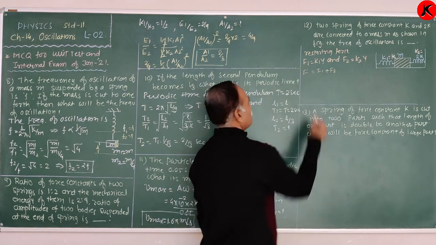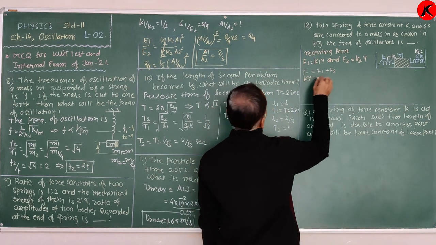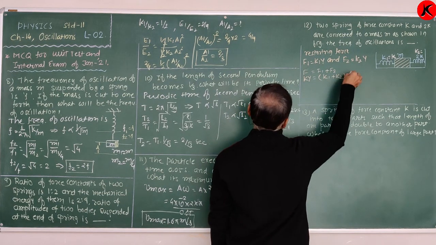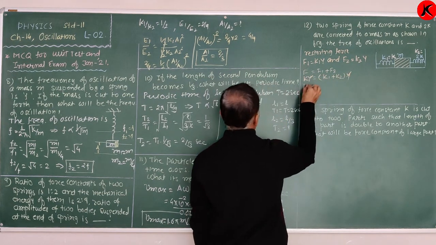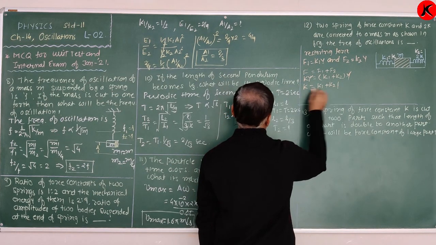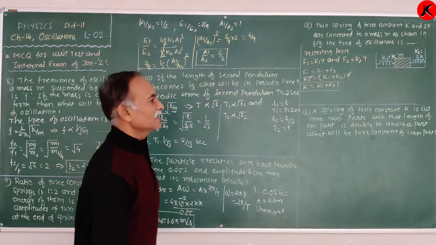F is equal to ky, which is equal to k1 plus k2 times y. y cancels. Therefore, the equivalent force constant k is equal to k1 plus k2. That is the equivalent force constant in this condition.